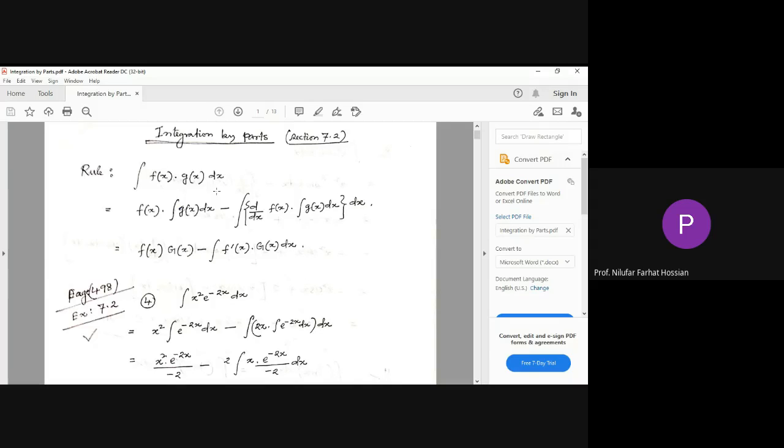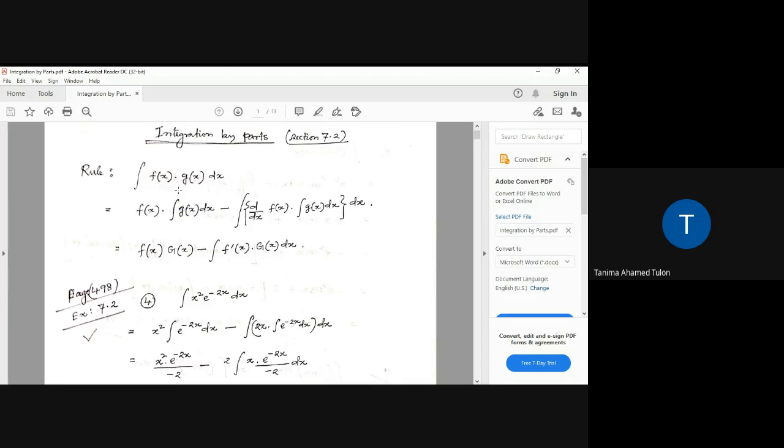Please remember, you have to choose as your second function the one which can be easily integrated, because in the formula you have to integrate the second function. That is the main theory. Take the easily integrable one as the second function and the remaining one as first function.